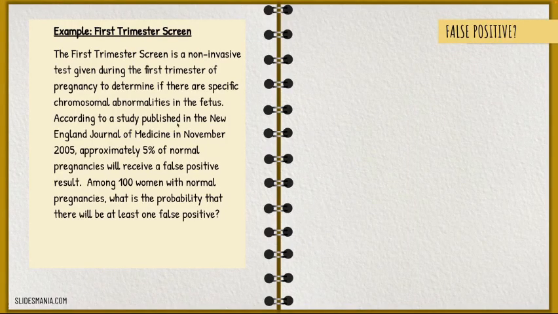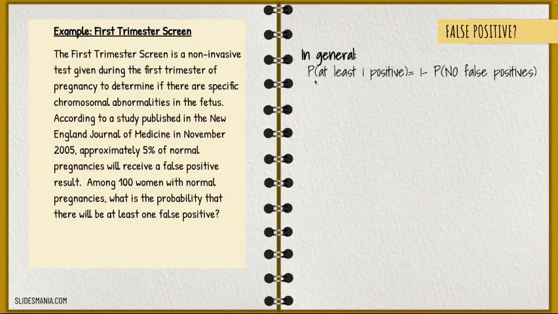So, something to take from this is 5% will be a false positive, right? 5% of normal pregnancies will receive a false positive. So that means the other 0.95 are going to get a negative. So we are going to use this as our starting place.